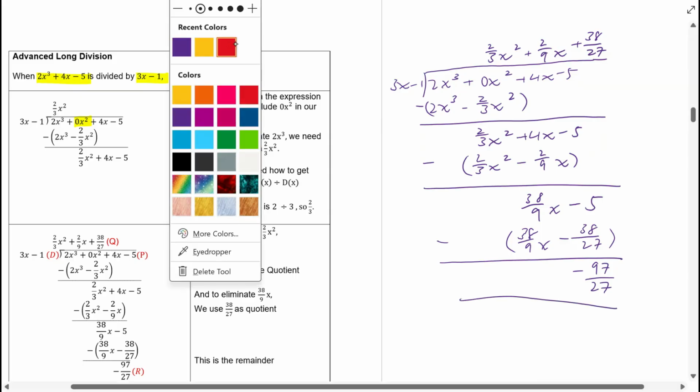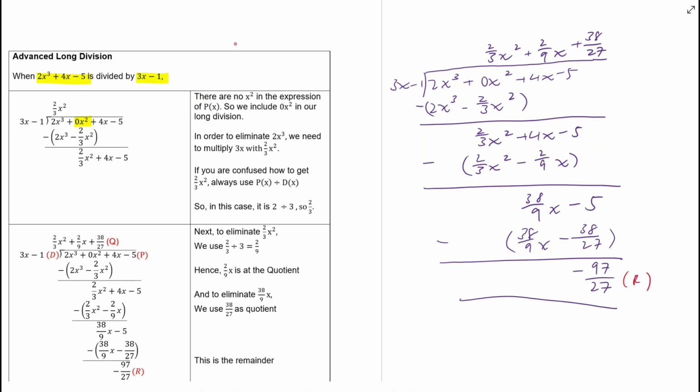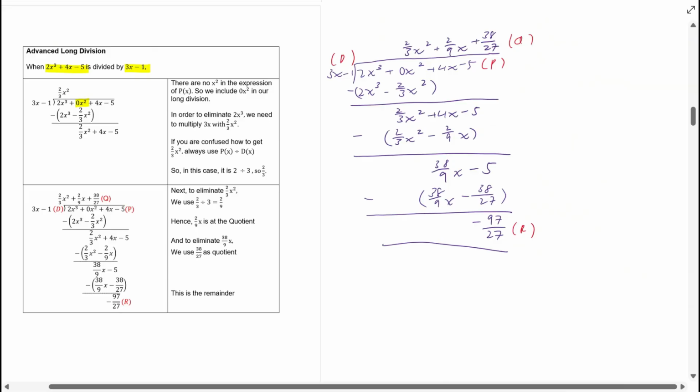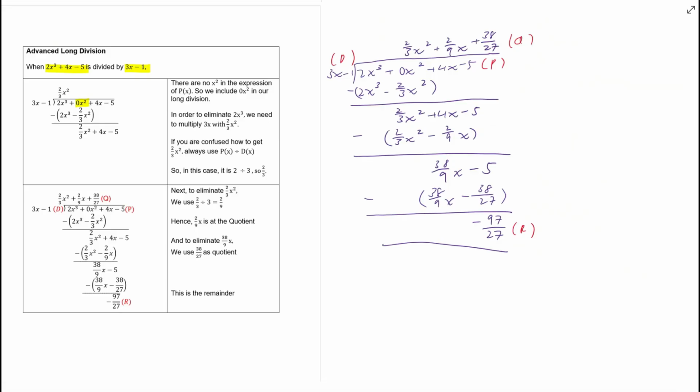Once again, you have your remainder, polynomial, quotient, divisor. If you recall, how can you express your polynomial? It's a quotient times divisor plus remainder.